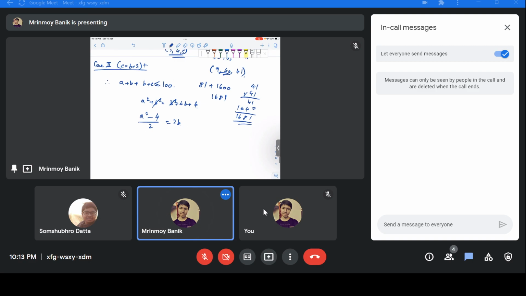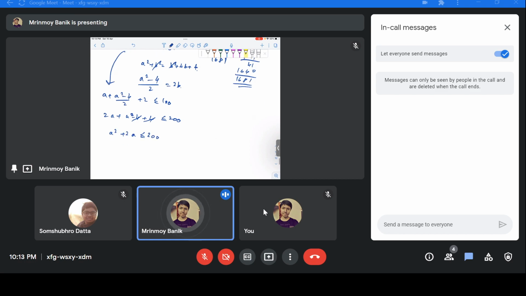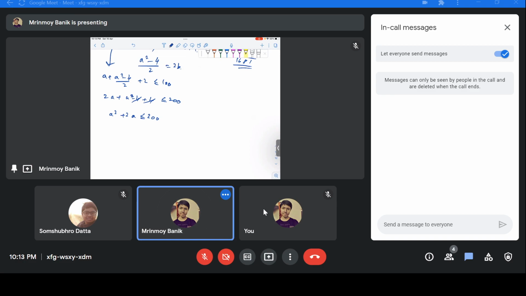So here we get a plus 2b is a squared minus 4 by 2 plus 2. So we're getting a plus something less than 200. So basically, we can do another similar thing, 200 plus t.